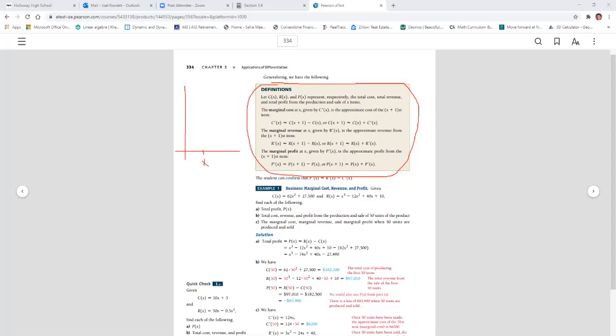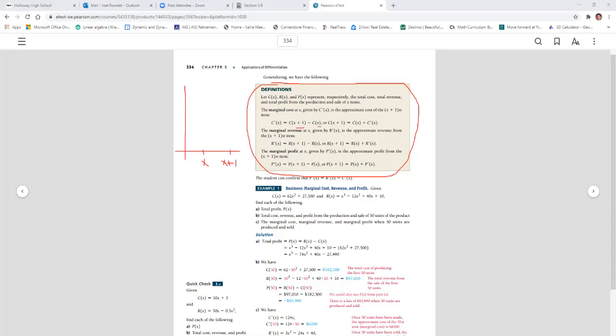It could be 1,000, it could be 3. But somewhere you will manufacture the x item, and of course the next one you produce will be x plus 1. And that's why you have x and x plus 1 mentioned throughout the definitions, right?